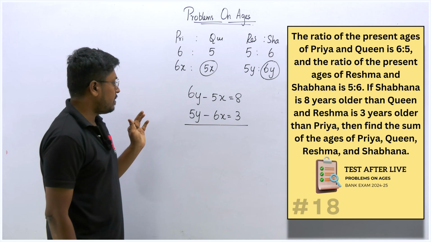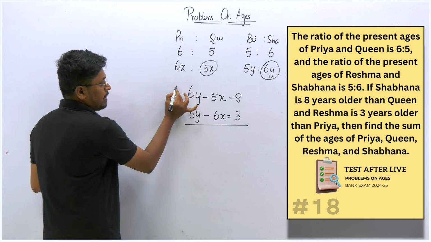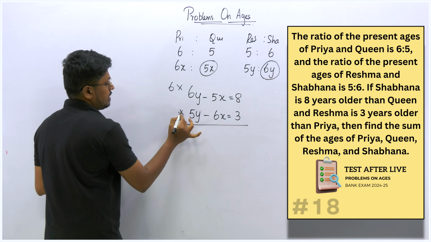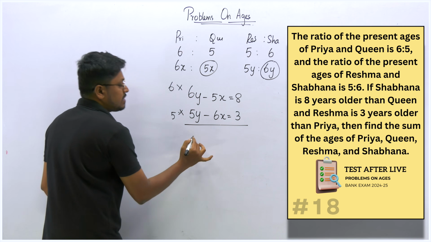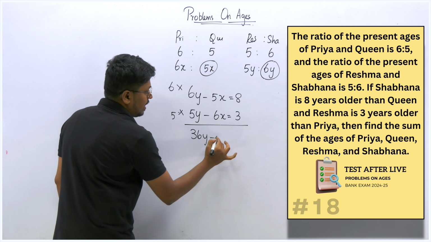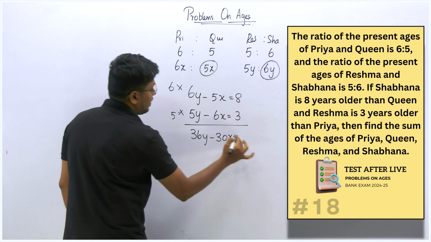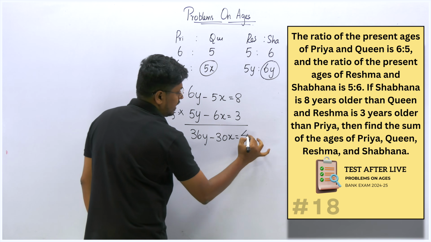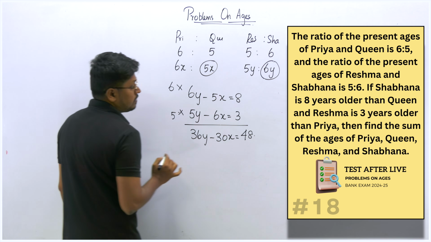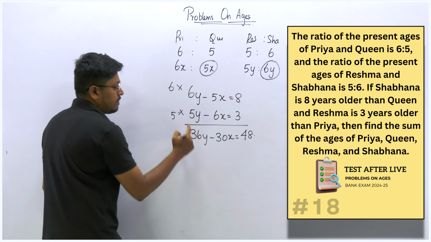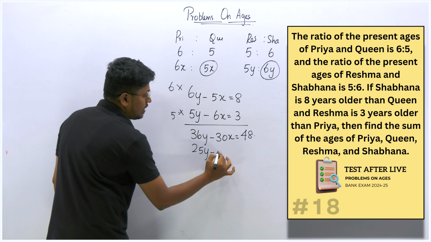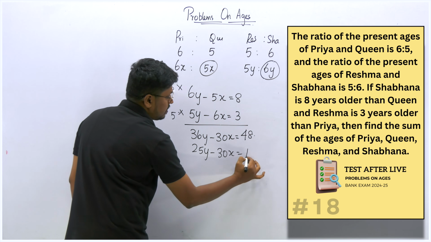Now what we can do is multiply this by 6 and this by 5. If you multiply this by 6, 36y minus 30x is equal to 8 times 6, which is 48. Now multiply this by 5. So 25y minus 30x is equal to 15.